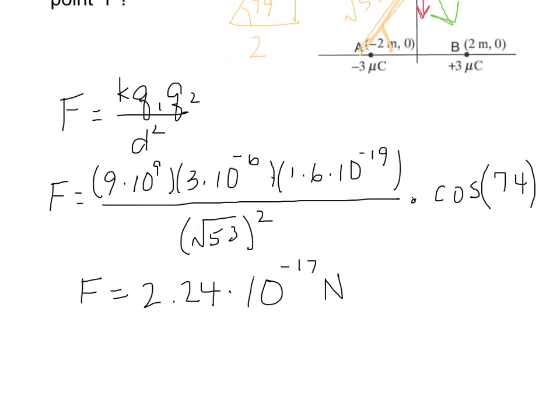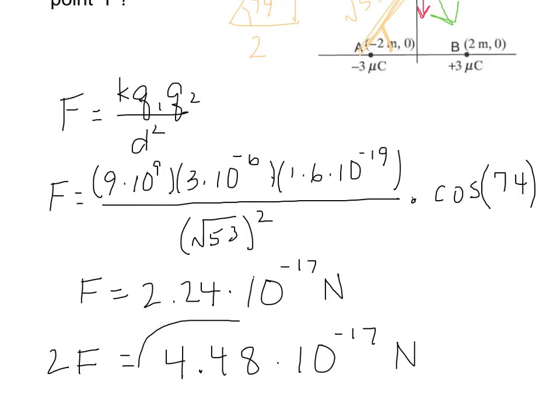And we're going to double that to get the sum of those two horizontal components, which gives us about 4.48 times 10 to the minus 17 newtons. And that shows the net force due to both the negative and the positive charges A and B as they're indicated.